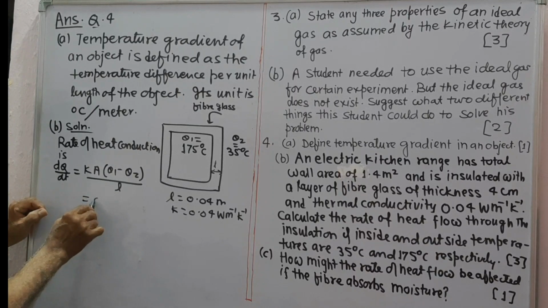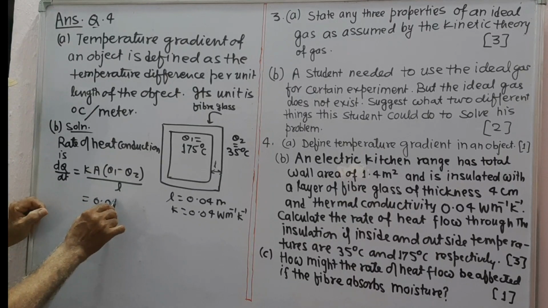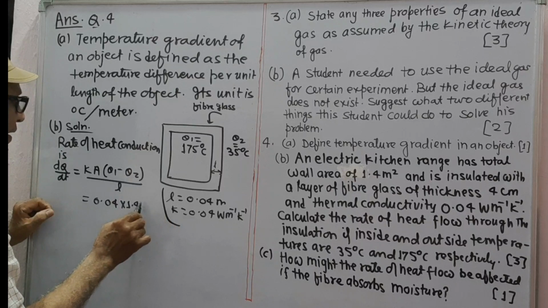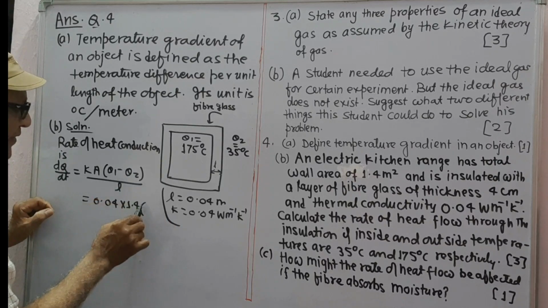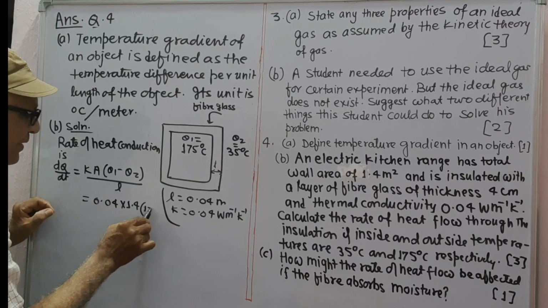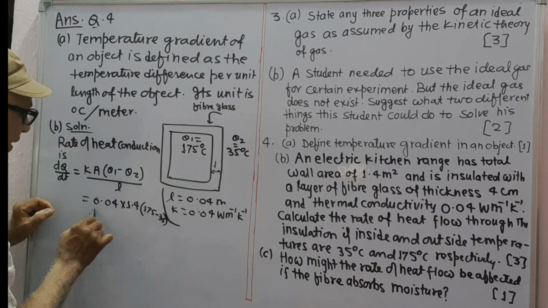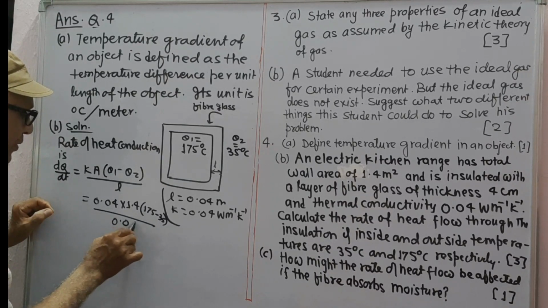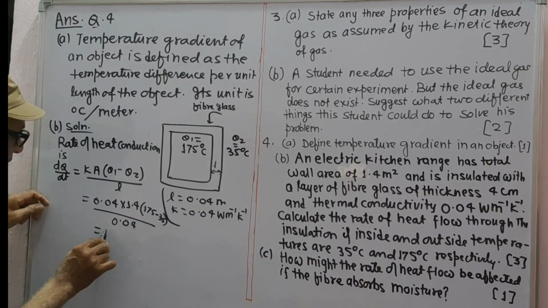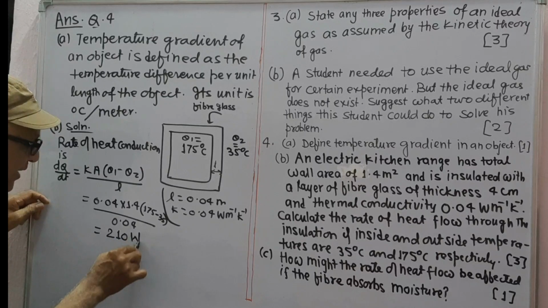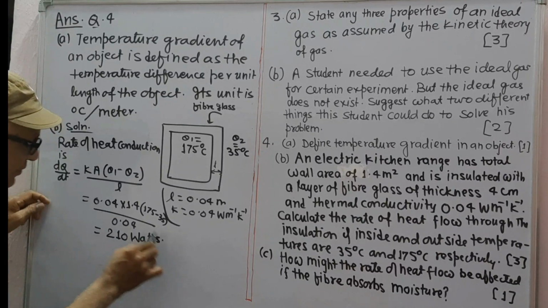So K is 0.04, A is 1.4, theta 1 minus theta 2 is 175 minus 35, L is 0.04. On simplification it gives 210 joule per second, means watts.